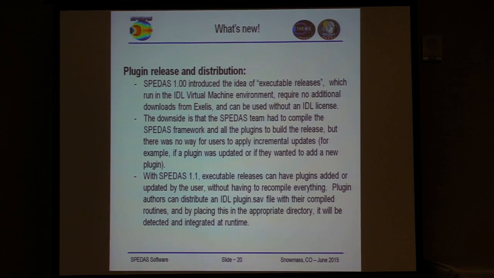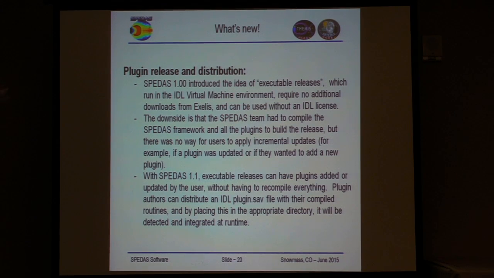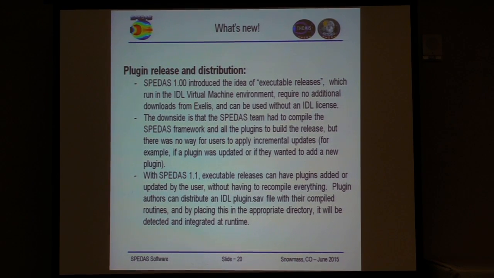Now, with SPEDAS 1.0, it's much, much easier. They come to our website, they pick which platform and which IDL version it was built with, and they pick the executable that's right for their environment. They download that, and that's all they have to do. They can just double-click the executable, and boom, they're in the GUI.